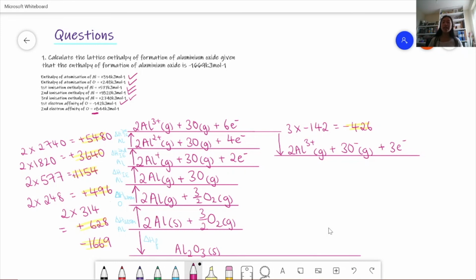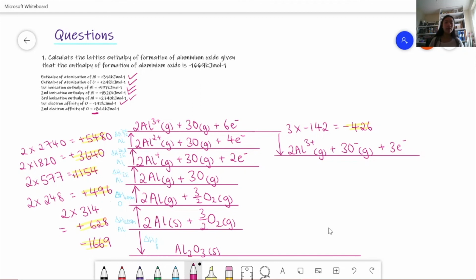So energy is taken in, and therefore it's an endothermic reaction. So actually, the first electron affinity is always exothermic, but after that, they're all endothermic because we're trying to add more electrons onto an already negative ion. And so then we have a layer going up.